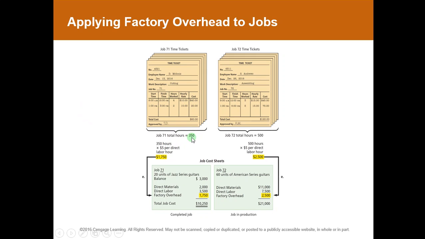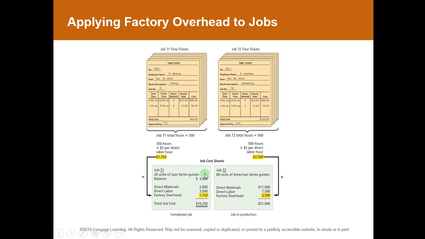Remember, I'm using direct labor hours as my activity base. So those 350 hours, I'm going to multiply by that predetermined overhead rate, because it was $5 per direct labor hour. If I use 350 hours for this job, I will absorb $1,750 worth of overhead.